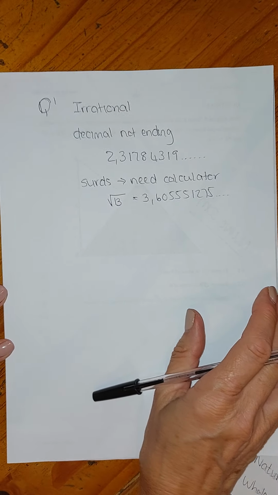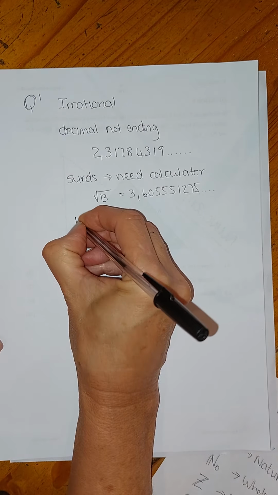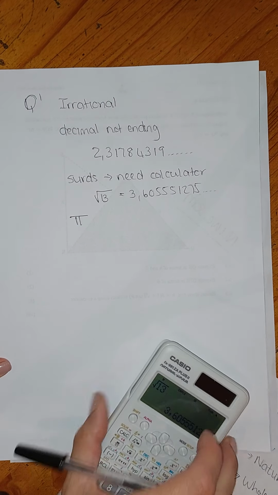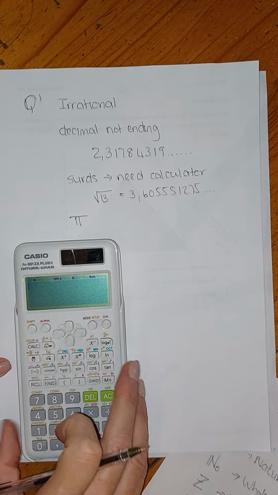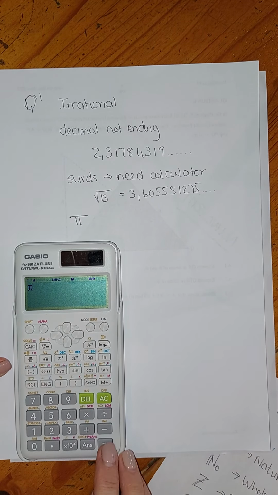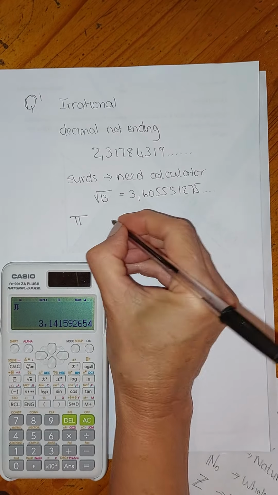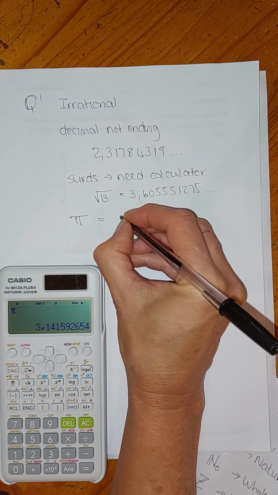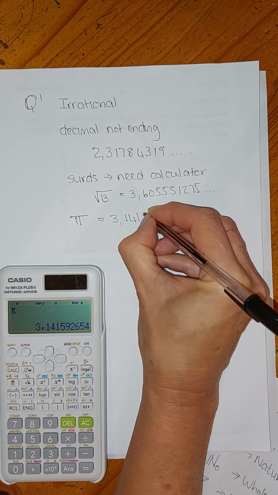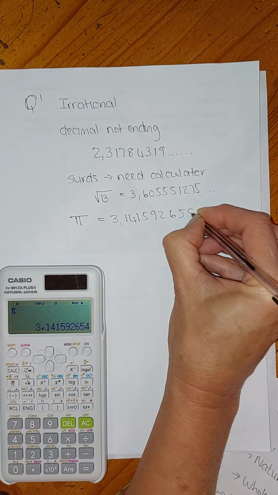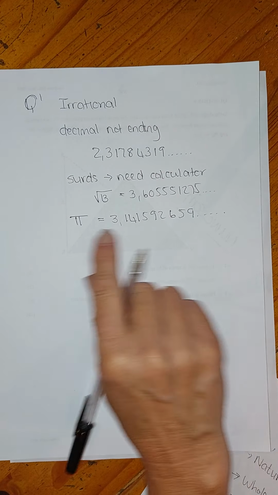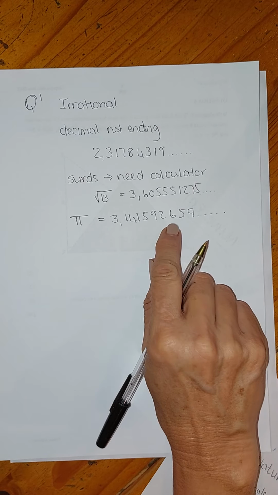Then, very, very important, the number pi is not a recurring number, it is an irrational number, because if I put pi on the calculator, and even if you check on the computer, it is 3,141592659 and so on. There are millions of decimals, so pi is not a rational number.